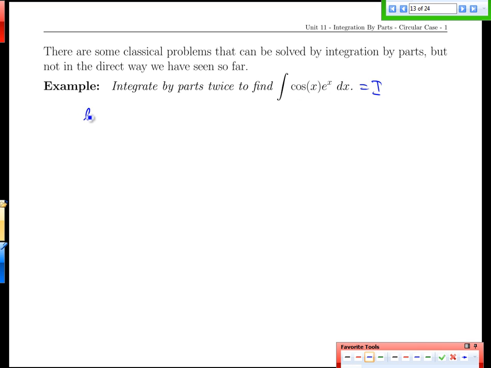For the sake of argument, let's just let u equal the cos part. So the dv part will be e to the x dx. We'll just plunge on ahead, integrate the dv part, differentiate the u part, and see what happens. We differentiate cos, we get negative sine dx. On the integral side, v is the antiderivative of e to the x, which is just e to the x.